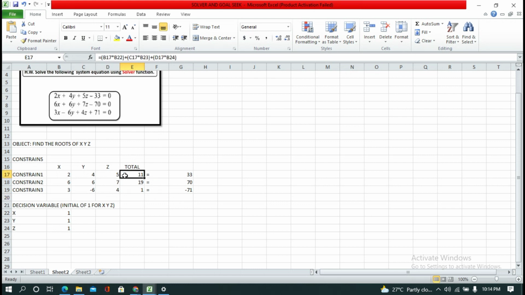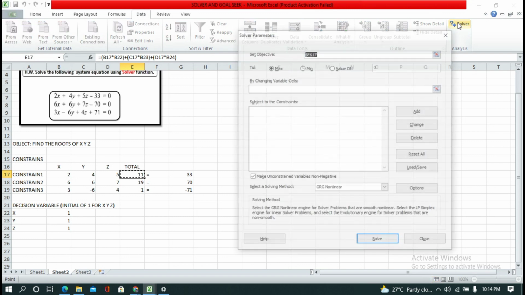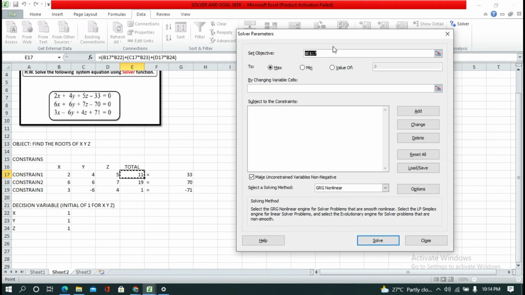So after solving for the total for each constraint, we can now use the Excel Solver. Under the Data tab, click Solver. Then for our objective, we can use constraint 1 as our objective, then click Max. Our changing variables are these decision variables.